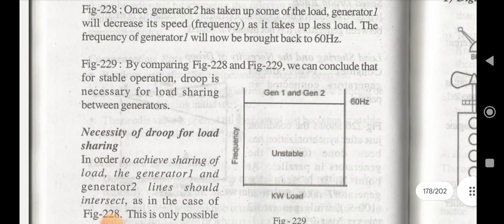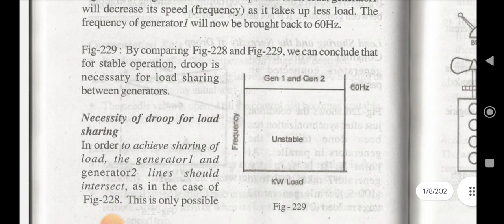By comparing figures 2.28 and 2.29, we can conclude that for stable operation, droop is necessary for load sharing between generators. So necessity of droop for load sharing is, in order to achieve sharing of load, the lines of generator 1 and generator 2 should intersect, as in the case of 2.28.